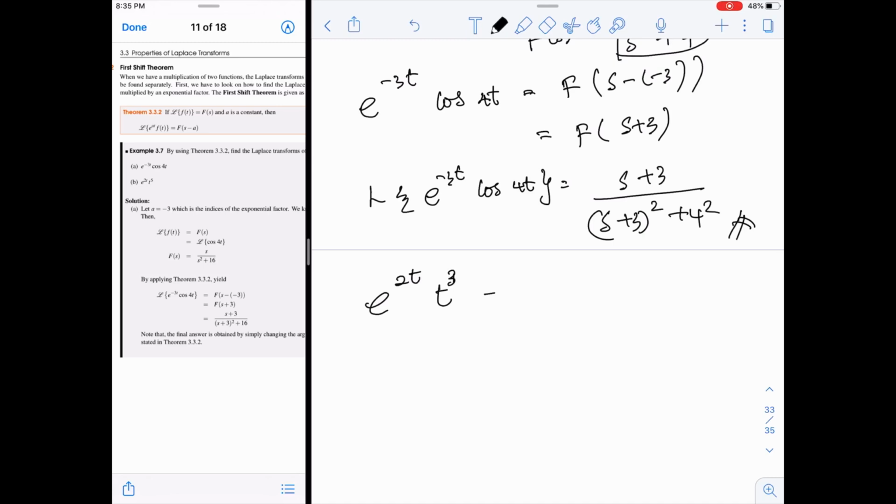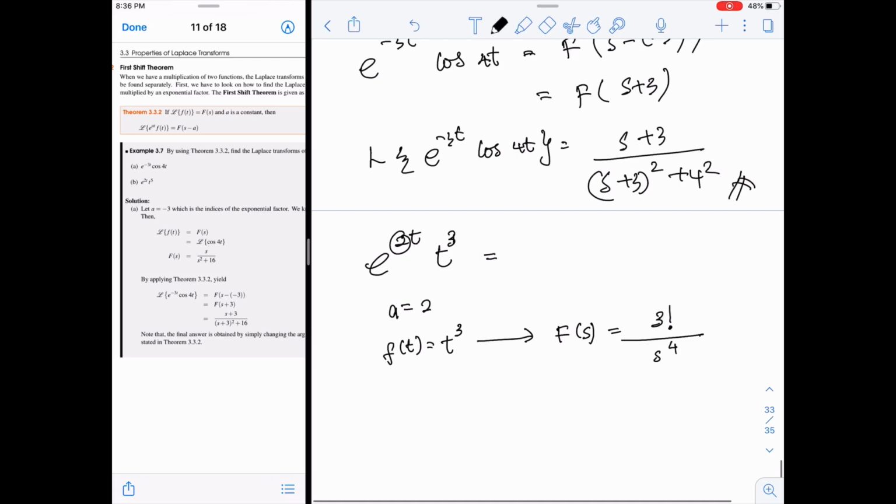So in here, you need to find what is your a. So this is your a, right? a is 2, and your f(t) is t to the power of 3. So directly from the f(t), you will get the F(s). So the F(s) over here, you will get 3 factorial over s to the power of 4.